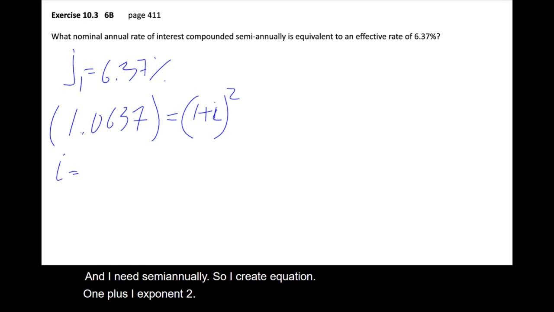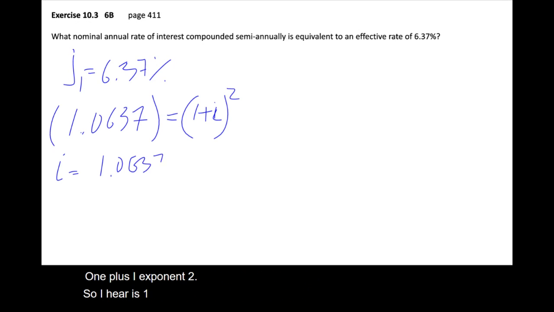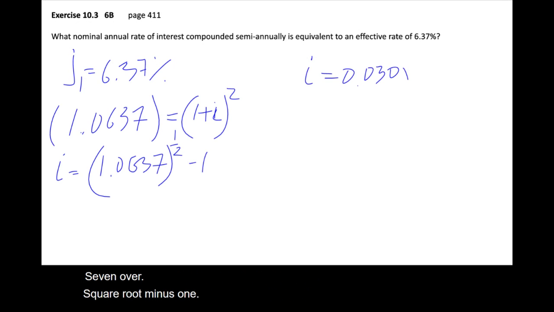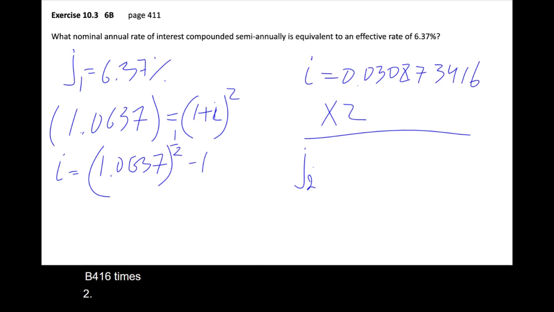So I here is 1.0637 exponent 1 over 2 minus 1. I is the square root minus 1, 0.03087 3416 times 2. So J2 is 6.1747%.